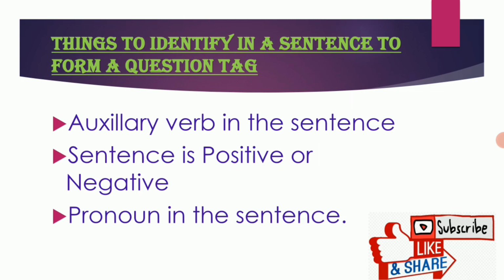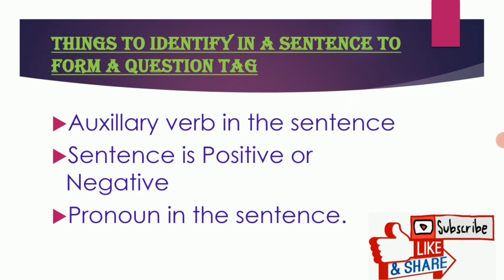Secondly, you have to understand whether the sentence given is positive or negative. In the video further on, we will understand how to tell whether a sentence is a positive or a negative one.